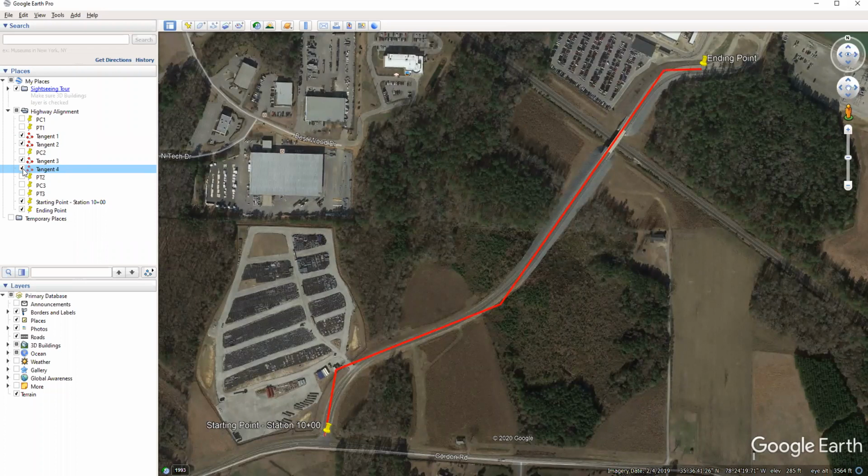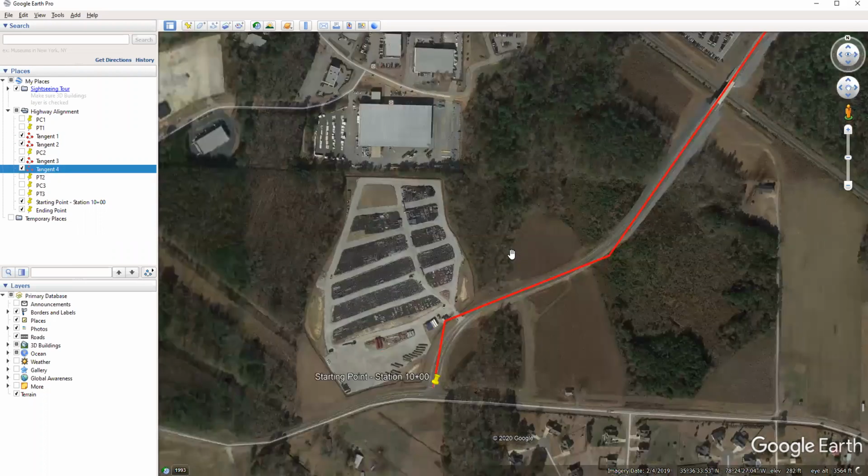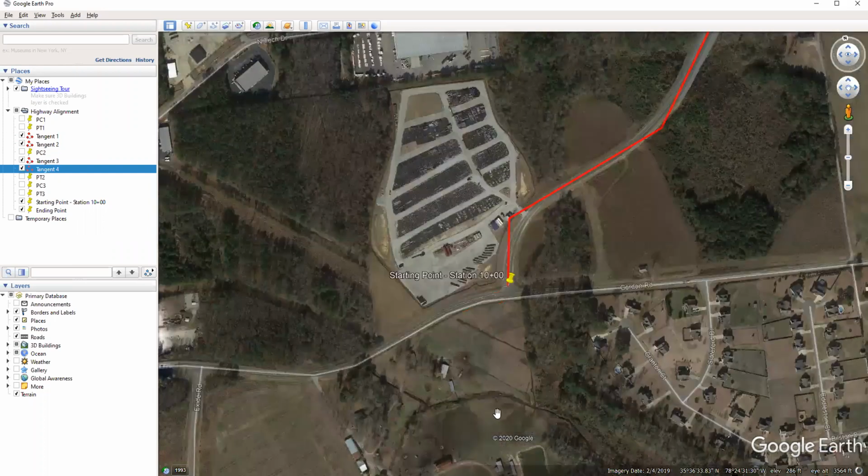And so let's actually go ahead and jump in and look at our first curve, and we're going to have our starting point at station 10. Essentially what we're going to need to do is establish the points of intersection. That's our goal for our preliminary traverse, is to establish our points of intersection.